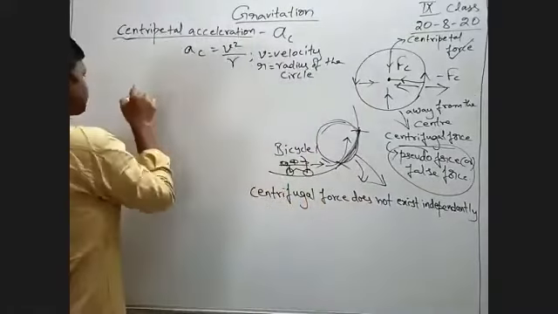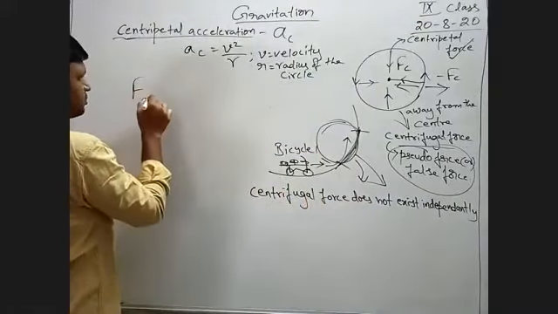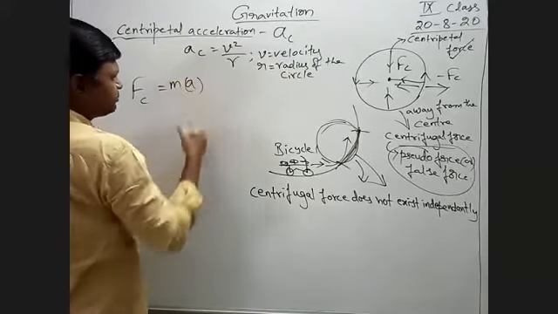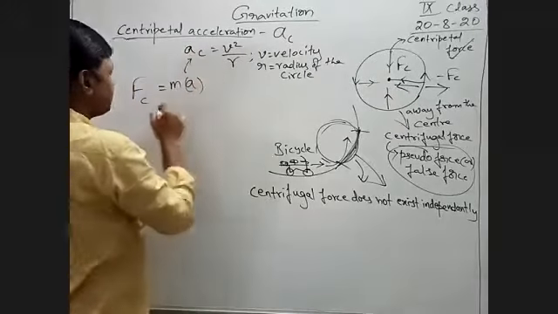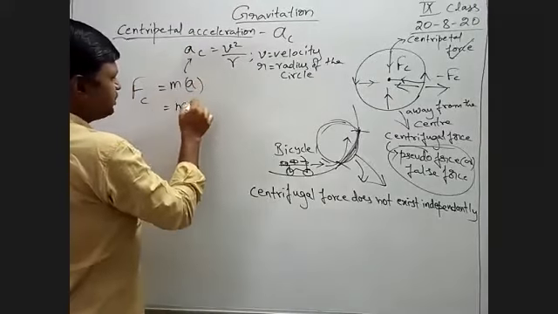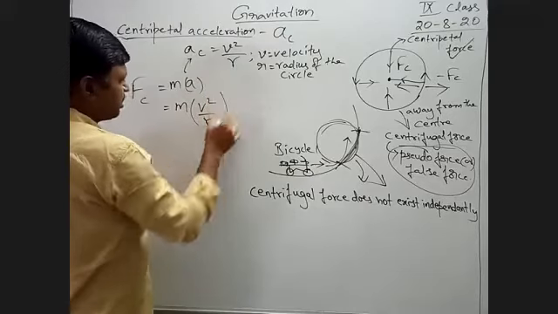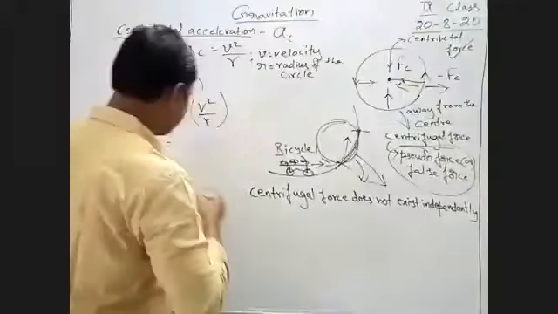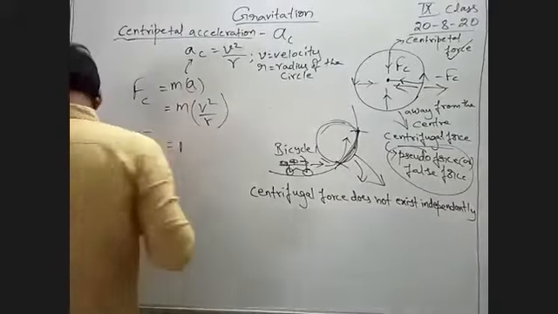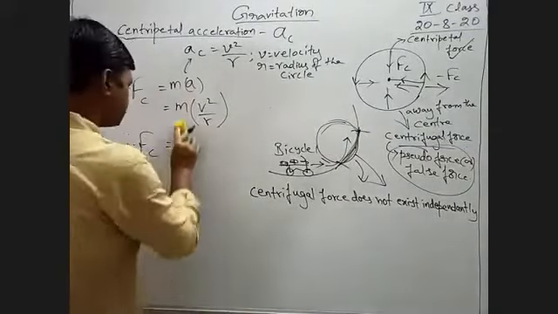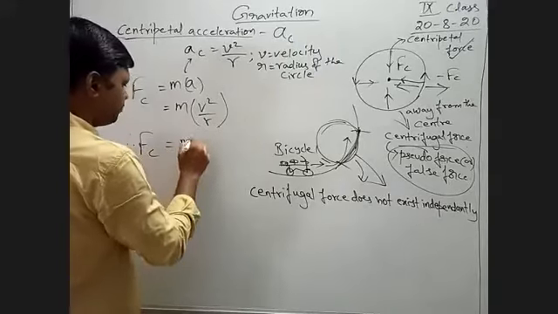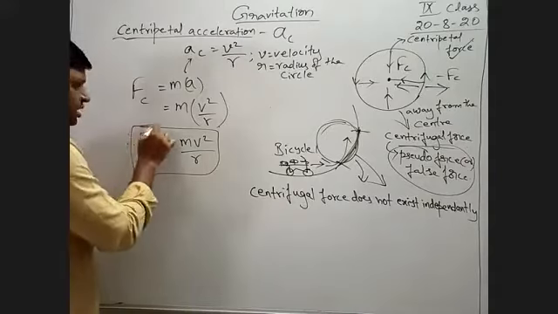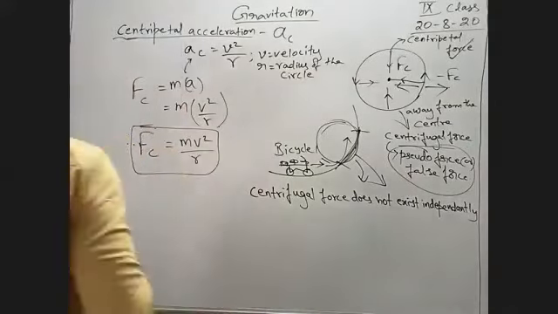Then the centripetal force Fc is generally ma, but a here is v square by r. Therefore, centripetal force is given as m v square by r. So this is our definition or formula for centripetal force.